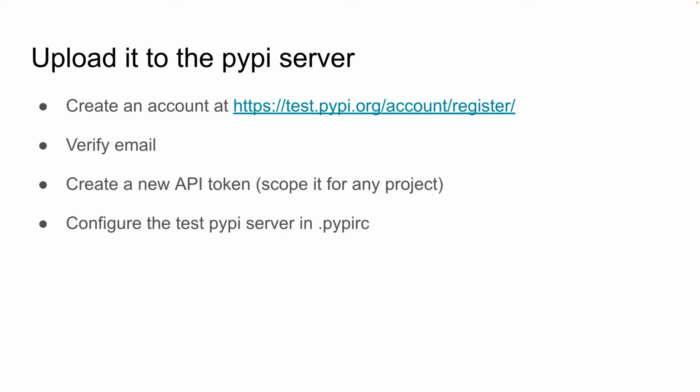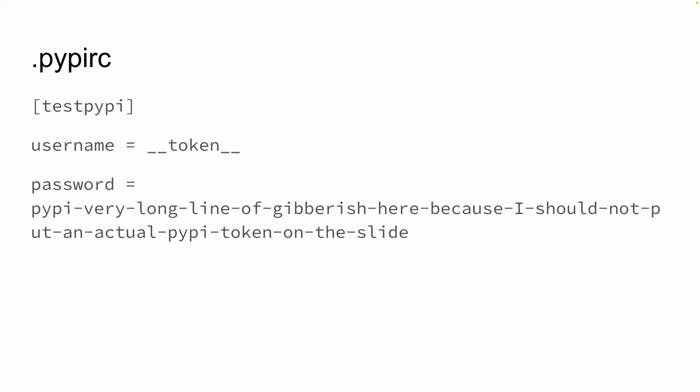Then you're going to create a file on your machine called .pypirc. It's a configuration file for the PyPI server. You can put your username and password in there, but that's not a good practice. A better practice is to create a token and put it in your .pypirc. If you do it this way, you are protected from basically hacking attacks.